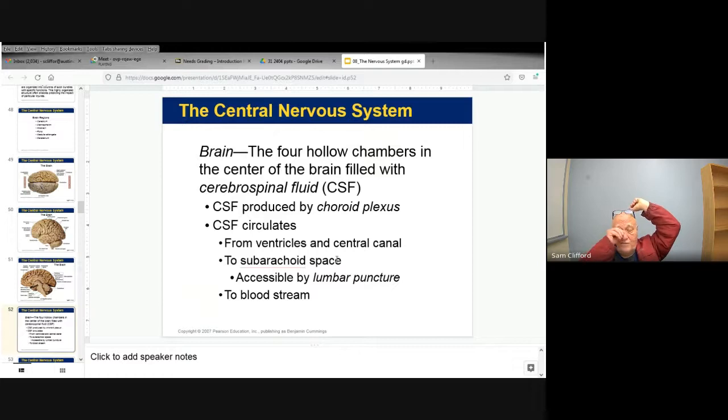If you ever have cerebrospinal fluid removed, you'll have enormous pain. The brain monitors the level of the cerebrospinal fluid, and it's very touchy when it loses volume. The circulation of this fluid through the ventricles, the central canal and the subarachnoid space, then exchange with the bloodstream, is very important.